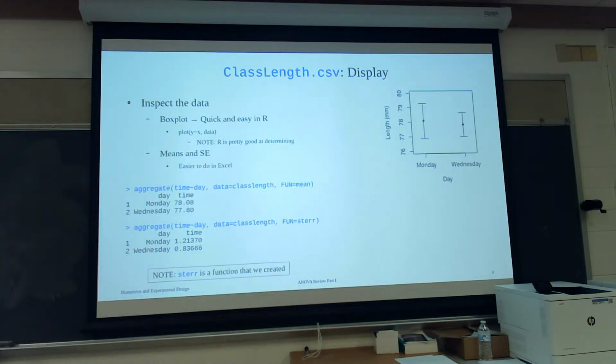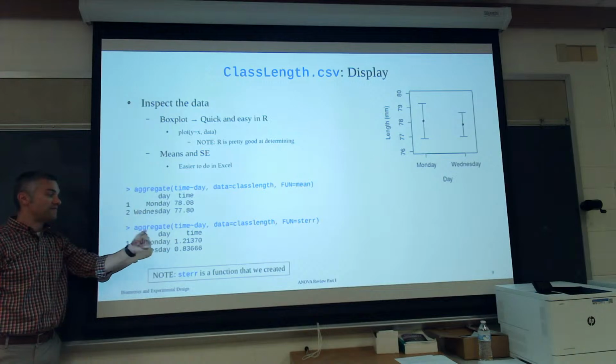But again, I don't really prefer it, so what I like to do is pull the mean and the standard errors using the aggregate function, and then transfer that into Excel or some other program. So that's what I did. I got the means for Monday and Wednesday, and I have standard errors.